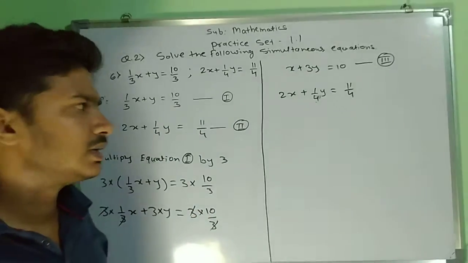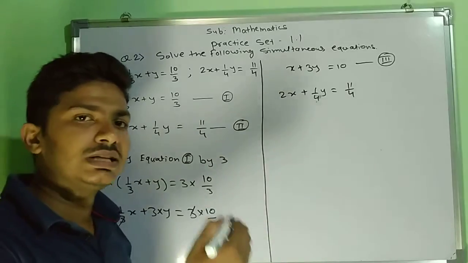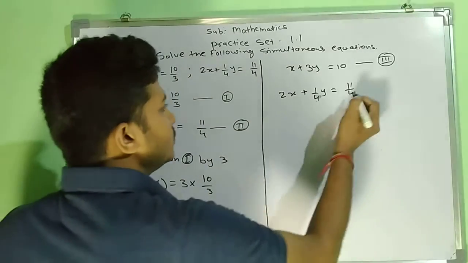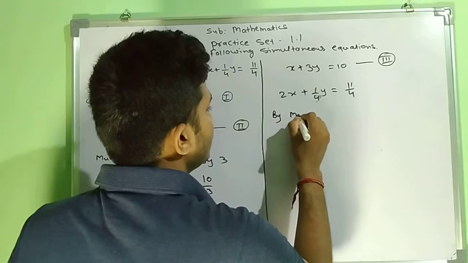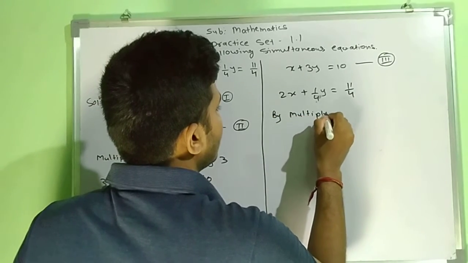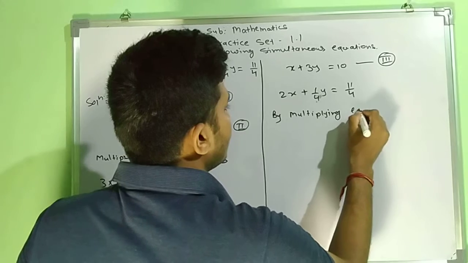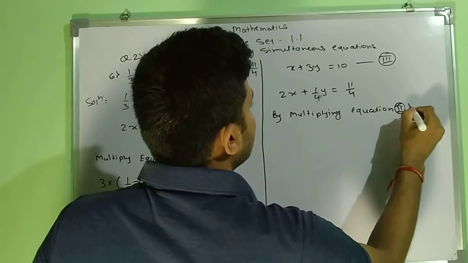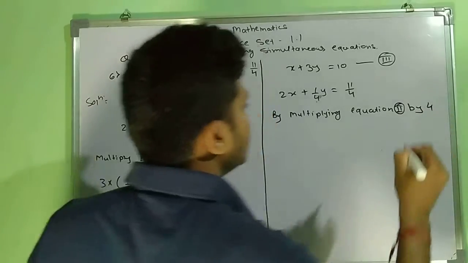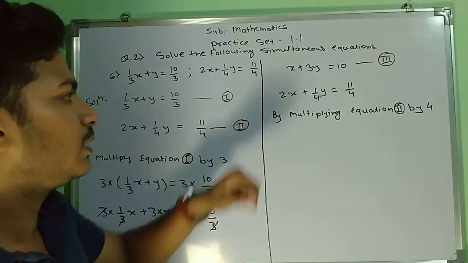Once we multiply that equation by 4, we can easily remove that 4. So we are multiplying equation number 2 by 4.